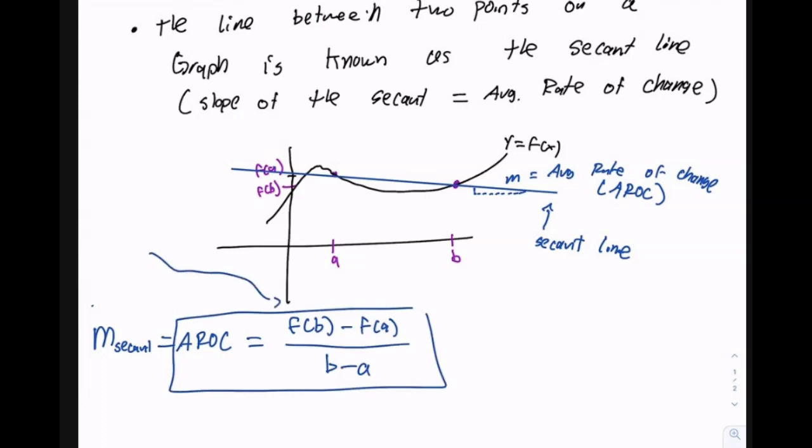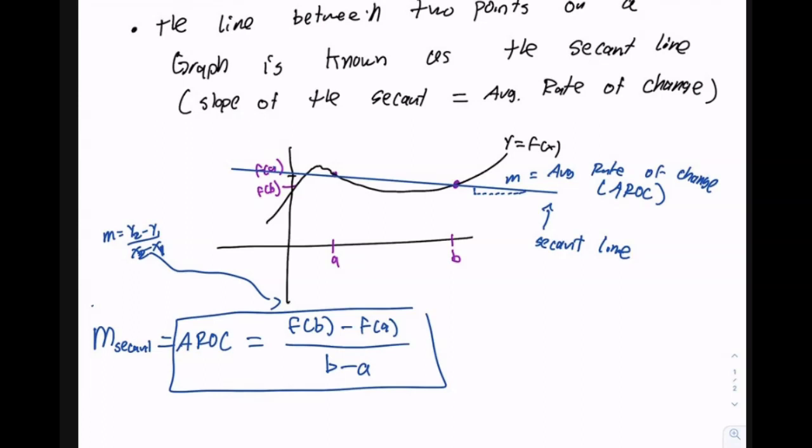To Darwin's point, we also think of this as y2 minus y1 over x2 minus x1. That is the same formula, Darwin, and I was hoping that the majority of people would point to that one, our rise over run formula.